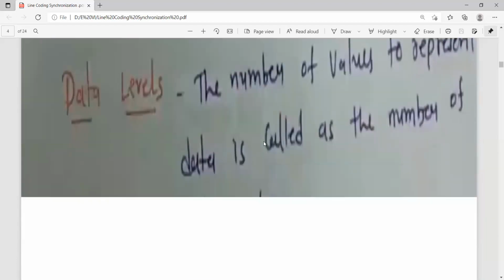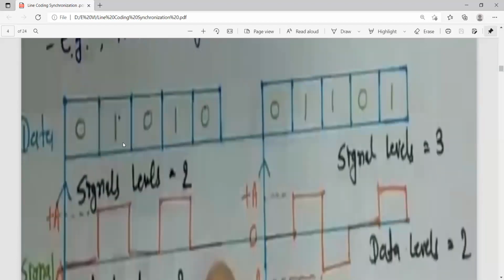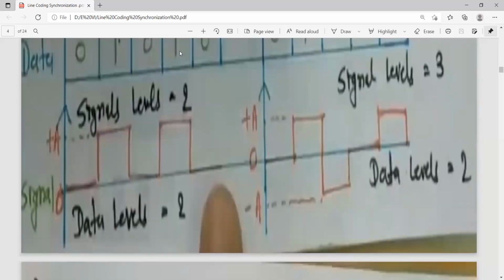This figure will give you a clear picture: this is the data and here it is the signal. If negative voltage levels are not allowed in the signal, then it has only 2 signal levels.